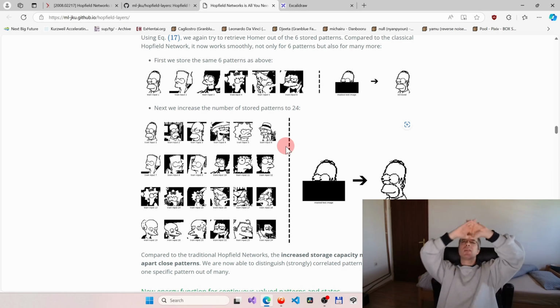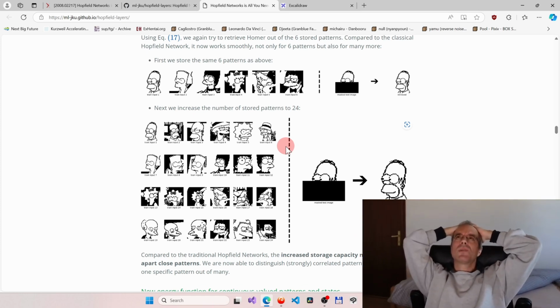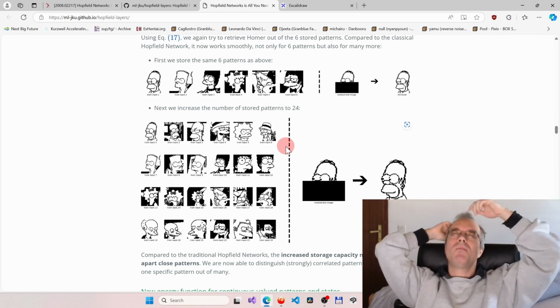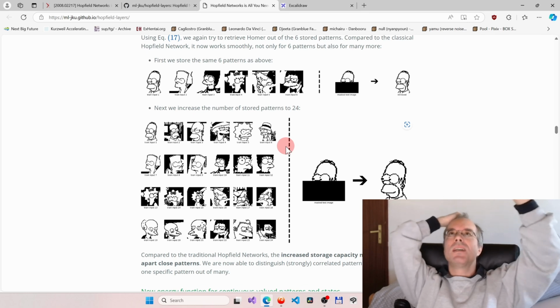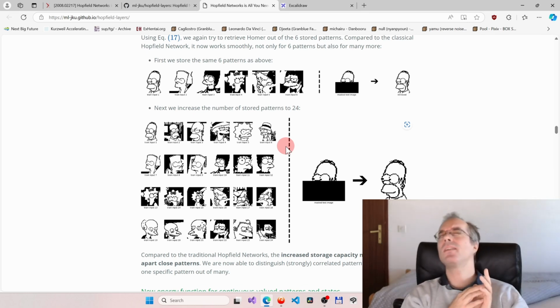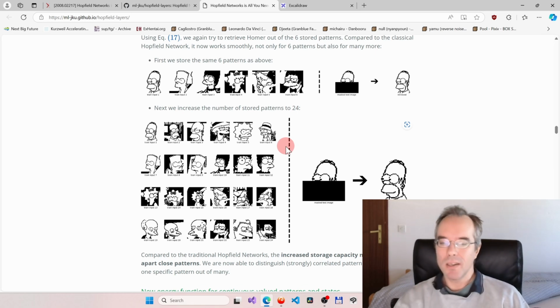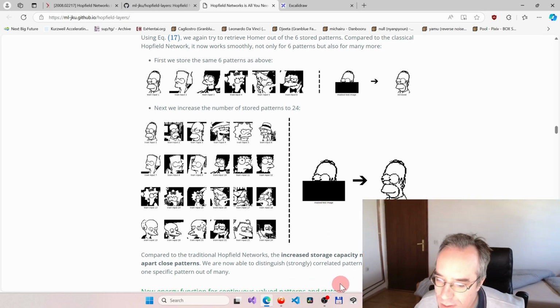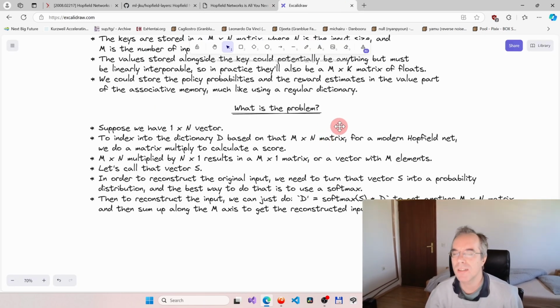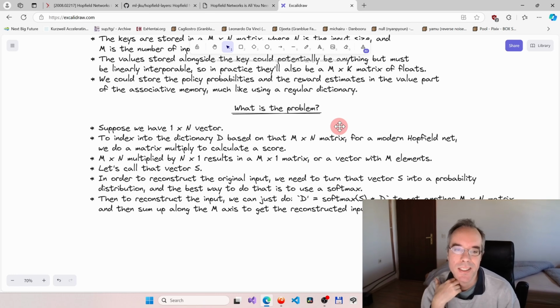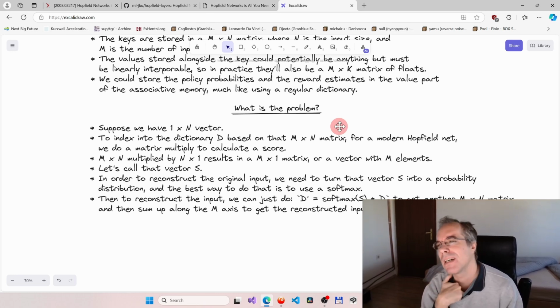As you can imagine, this could be used to actually store the keys for a tabular reinforcement learning algorithm. Instead of using a regular dictionary like we did in the F# series, we could potentially use this as associative memory. And the main problem, and why I didn't really bother taking this idea seriously up to now, is that if you're going to do something like tabular reinforcement learning on heads-up no-limit poker, we'd want to have a lot of examples.